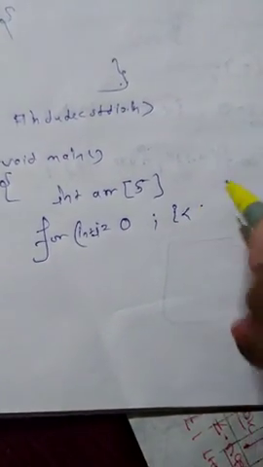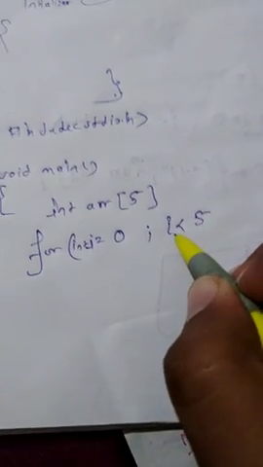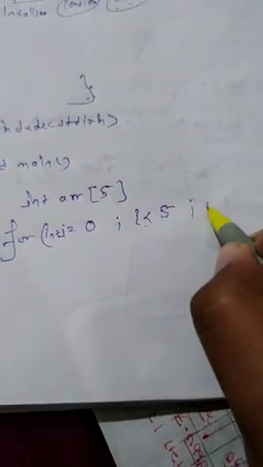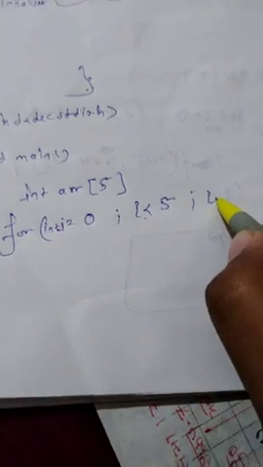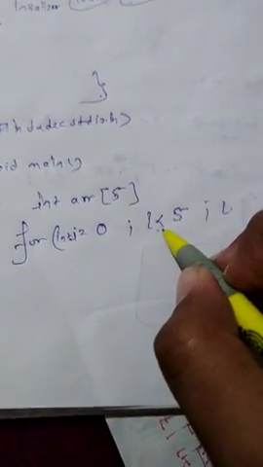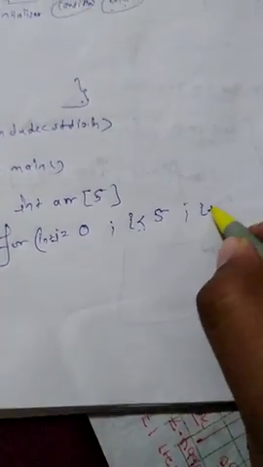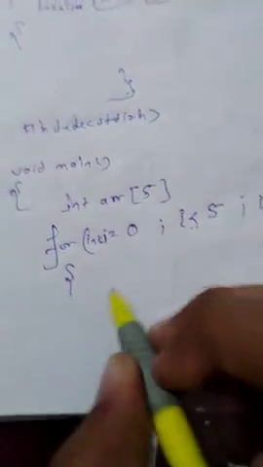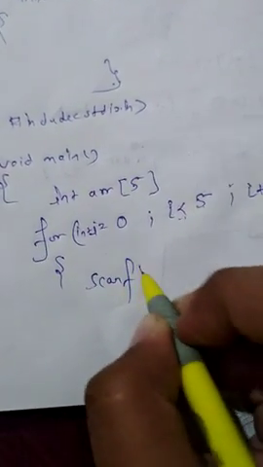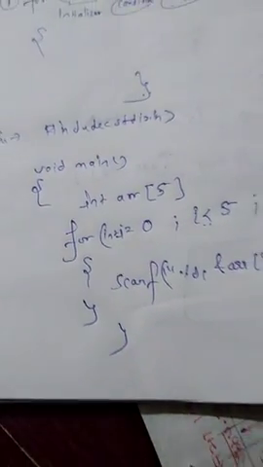The condition of this loop is i < 5, so 5 will always be greater than i to keep this loop working, and it terminates otherwise. Then i++, and then scanf %d with arr[i]. So this is an example of how the loop will work.